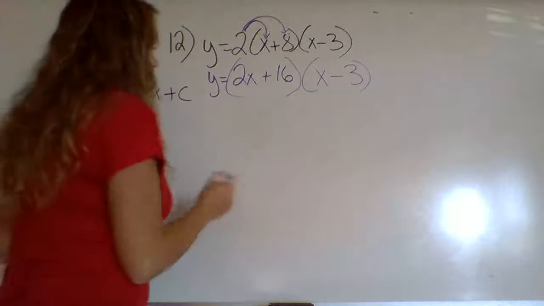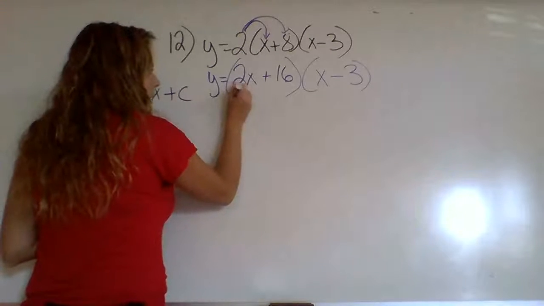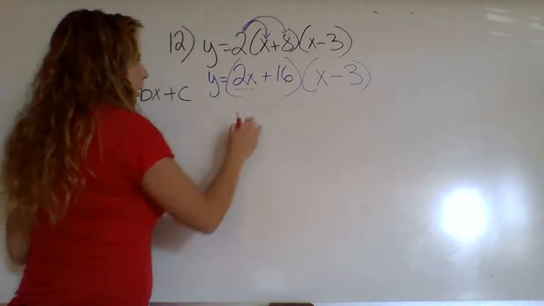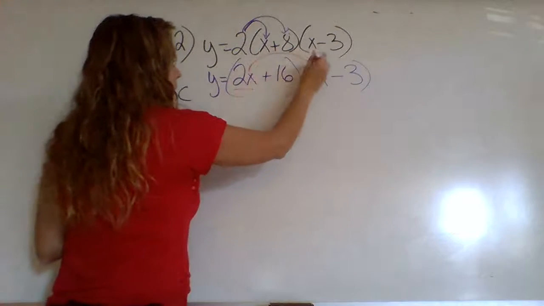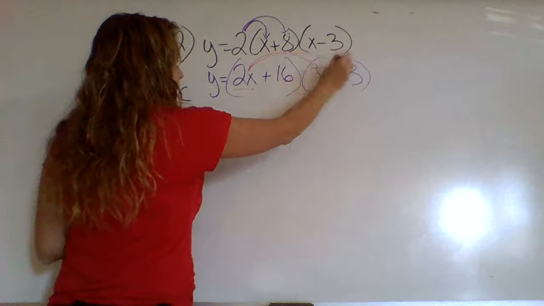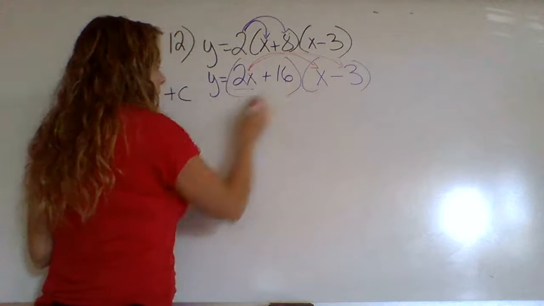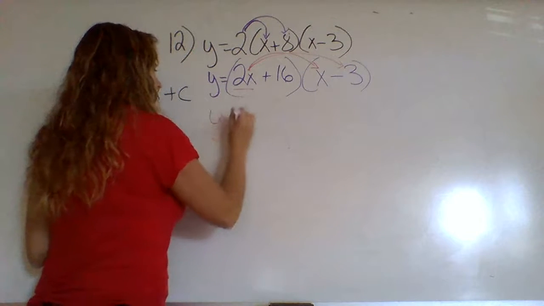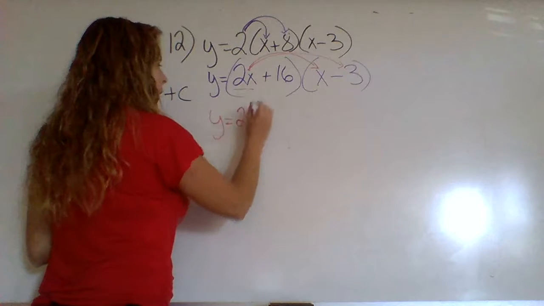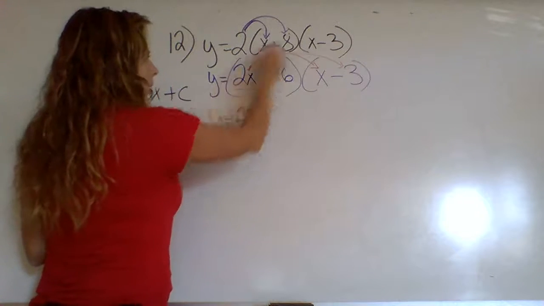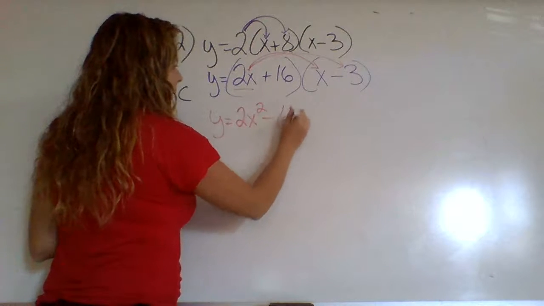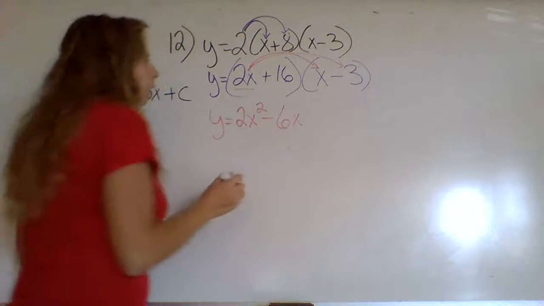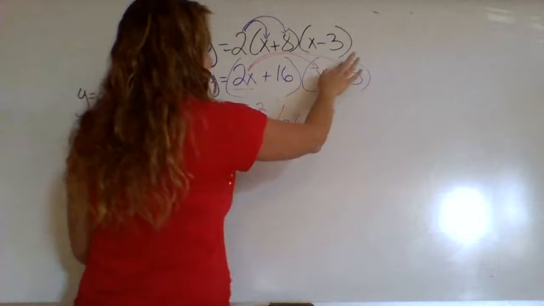So I'm going to start with 2x. Ignore the 16 for a little bit. We're going to distribute the 2x. 2x times x is 2x squared. 2x times negative 3 is negative 6x. Don't forget about your negative. All right, then we're done with the 2x.